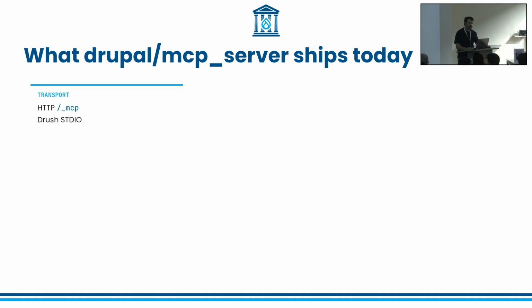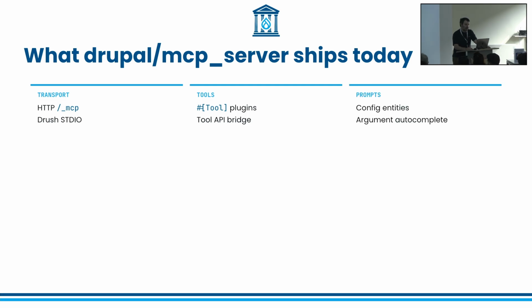So what this module contains is two transports: HTTP transport for external communication and also the Drush STDIO transport, if someone still wants to use it with Claude Code. And we have two plugins which you can use to expose your tools. We have prompts as config entities.